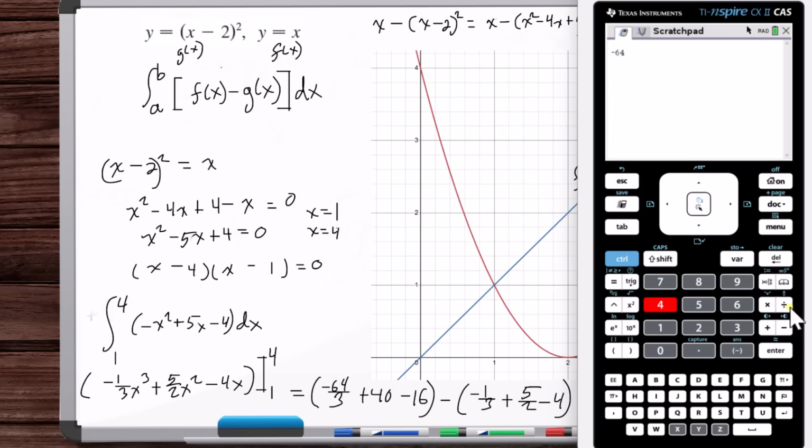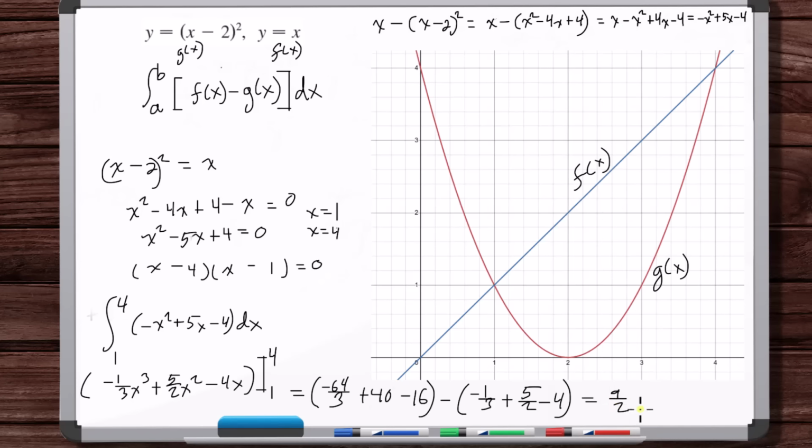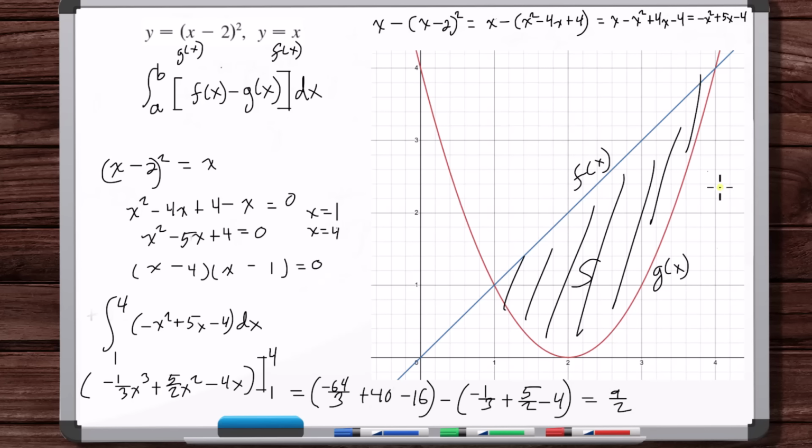So minus 64 divided by 3 plus 40 minus 16. 8/3, okay? Now, minus 1/3 plus 5/2 minus 4. So we've got this minus this, 9/2. There we go. So this area here is equal to 9/2.